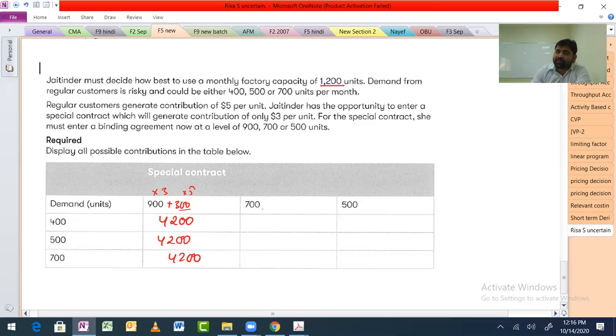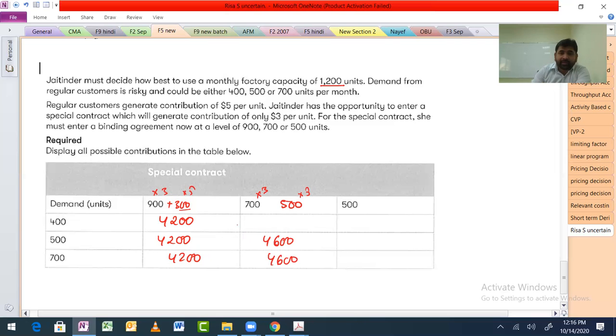If this is 700, that means you have a spare capacity of 500. So first fill this one. That will be how much? 700 into 3 and 5 into 5. So 21 and 25, that is 46. So if the demand is more than 500, then also we will be getting the same amount.